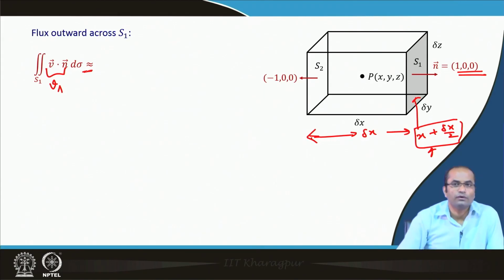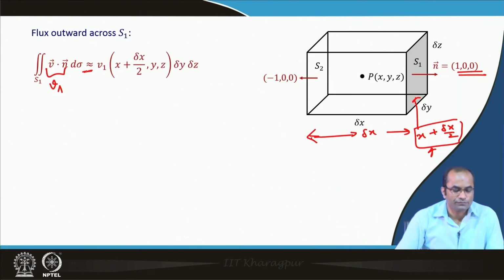This is not a very formal mathematical proof, but just to give some idea, because later on we will also consider the limiting situation that delta x, delta y and delta z go to 0. In that case this approximation will become equality.